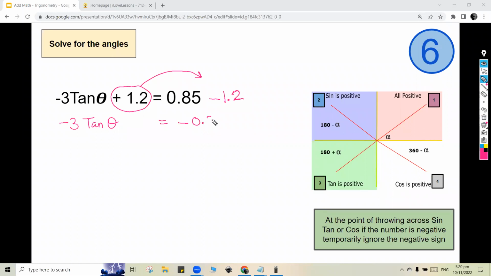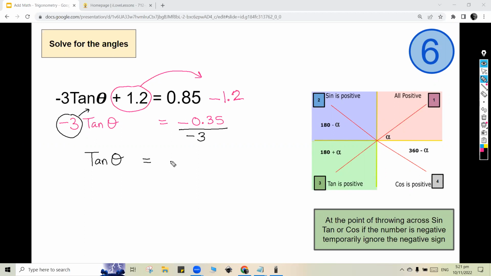Minus 0.35. But we're still not finished transposing. The minus 3 is what? A multiply. So throw across that multiply and we get what? A divide. So tan theta is equal, when you divide these two, to -0.35 divided by -3.